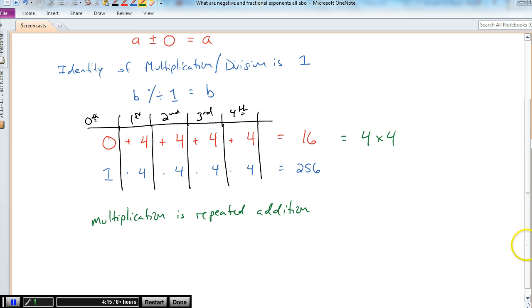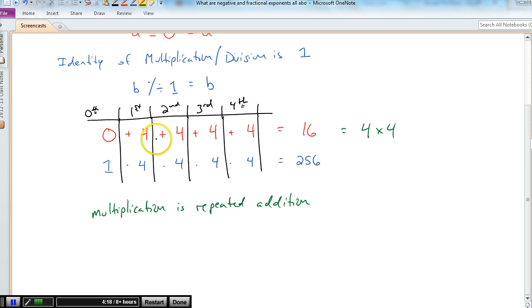Okay, to repeat the addition of 4, four times, is 4 times 4, and what is repeated multiplication? Well, we call that exponentiation. So this is essentially 4 to the 4th. So repeated multiplication gives me exponentiation.